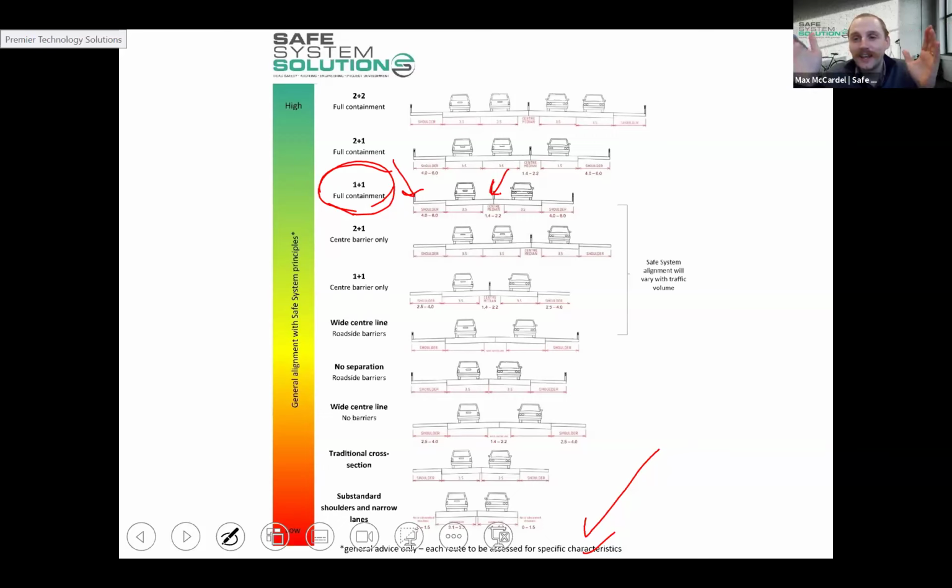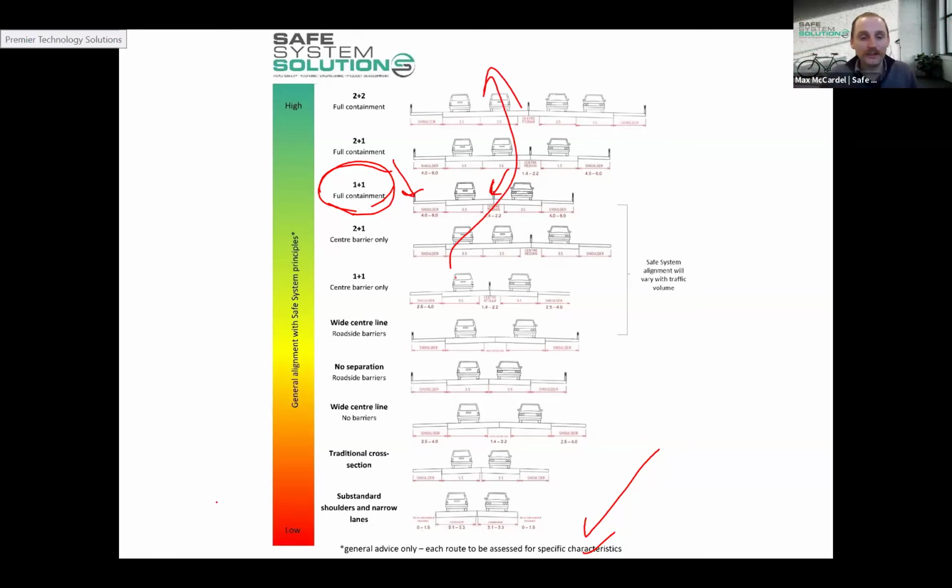So if there's a slight gap in the barrier system, it could be an opening at an intersection. You might get a vehicle that's trying to overtake at that section and then trying to get back into the lane before the barrier system starts again. So it's not quite as ideal.